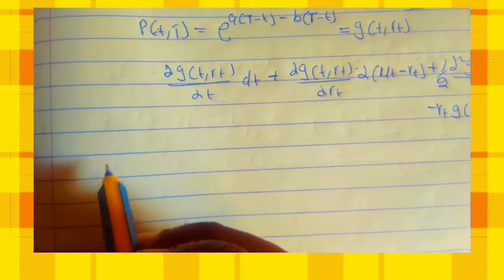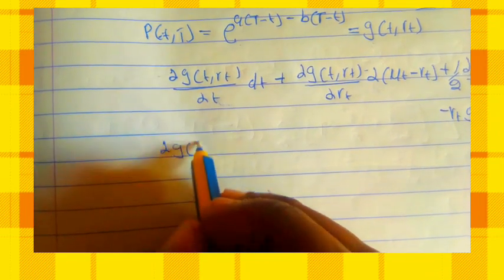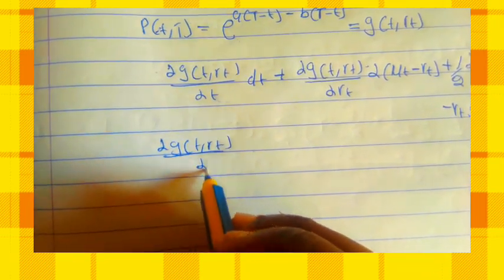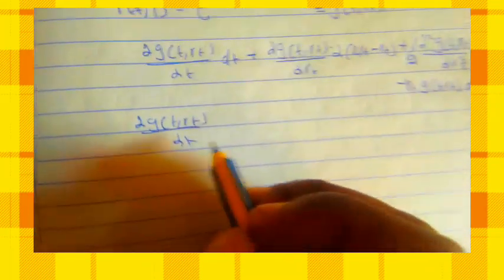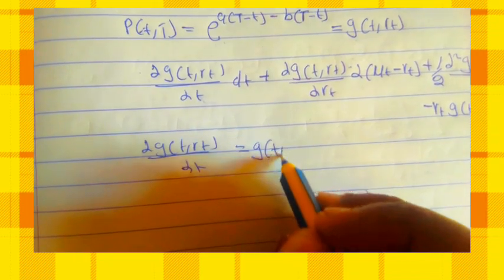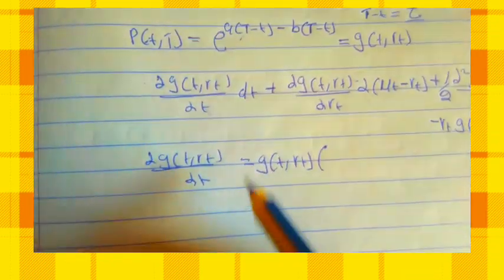So we can say the derivative over changing t is equal to g(t, r_t) in the bracket.